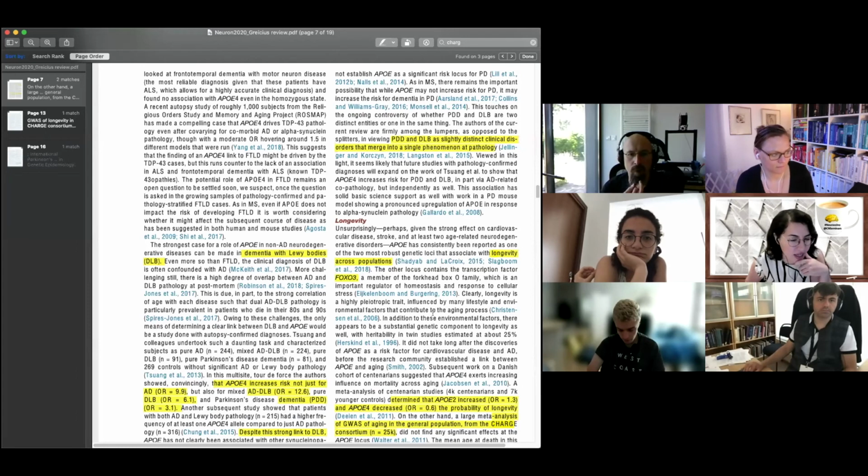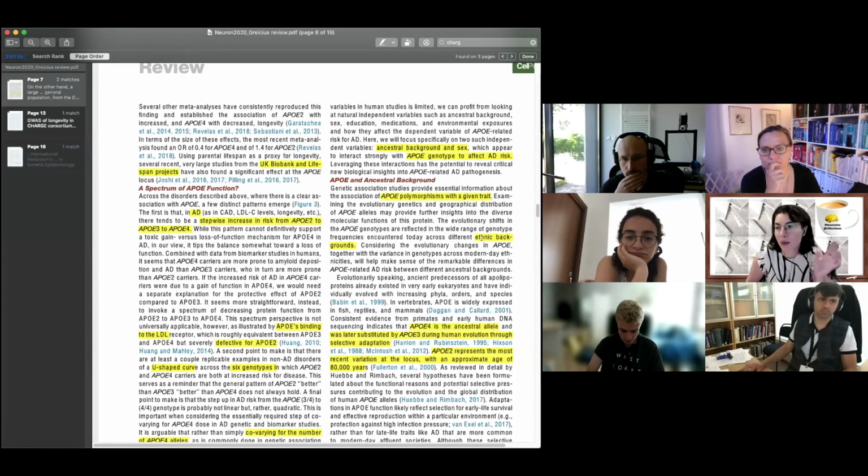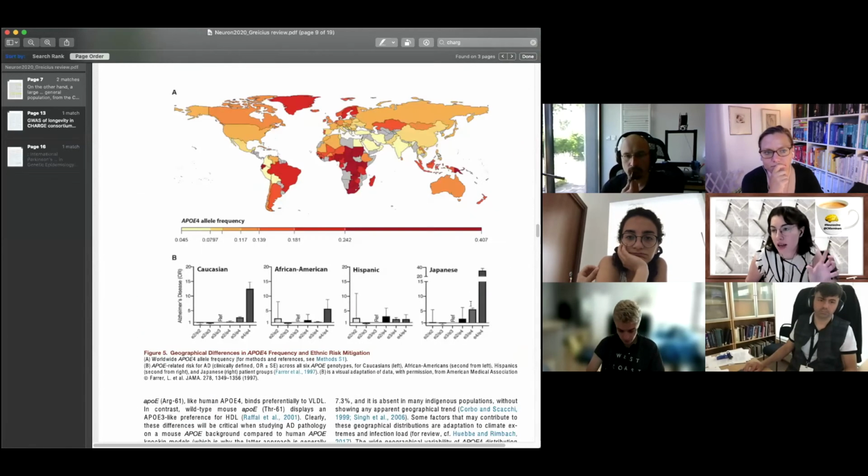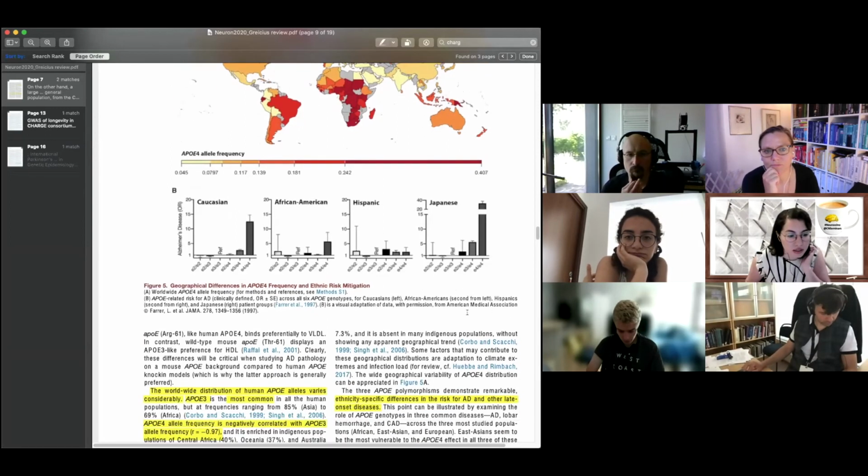But yeah, like the APOE4 as protective. Maybe the APOE2 can protect, it's resilient to some diseases, I guess.